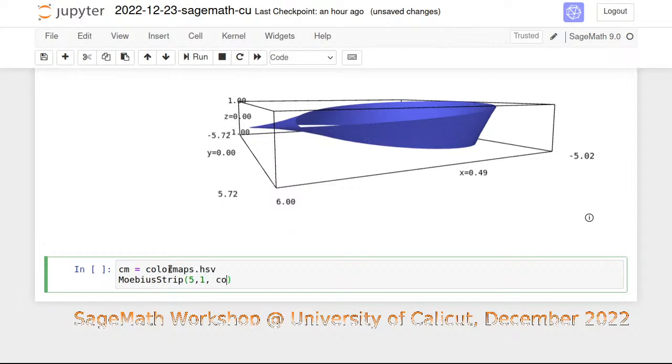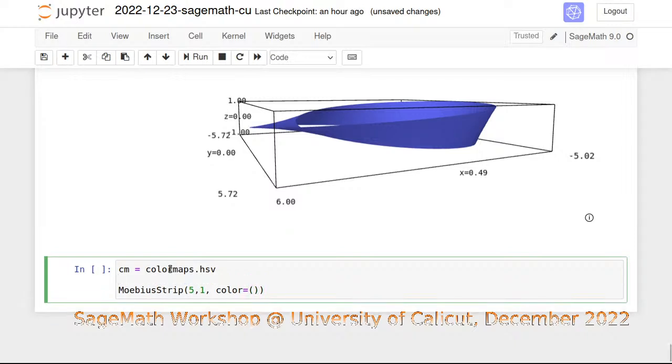And let us give the color, as per the documentation it works, so define C of x, y itself, hopefully it will take x and y as the parameters, return x square plus y square.